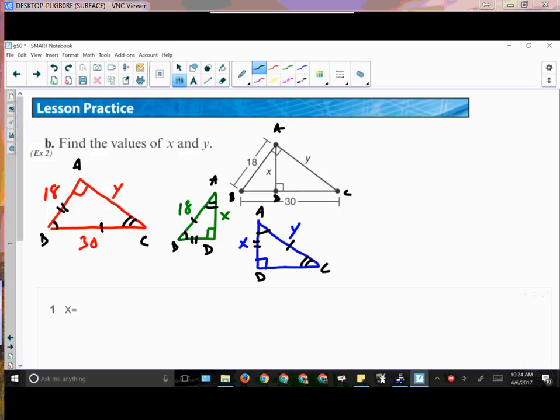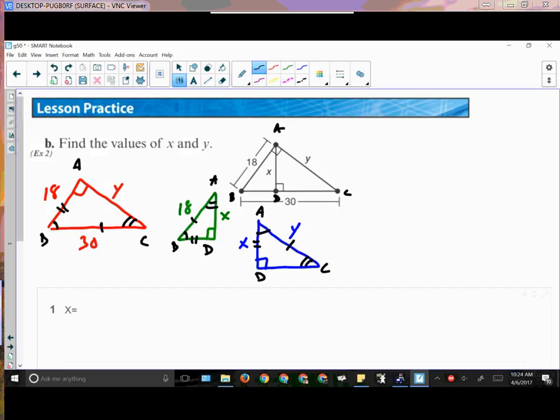So now I know exactly which ones are congruent, or I should say similar, to each one. As I look at this, the only thing that I have to start with is this one over here, 18 over 30. Now when I'm looking at this, I need the small one over here, here, here, and here. I don't have enough information for that.